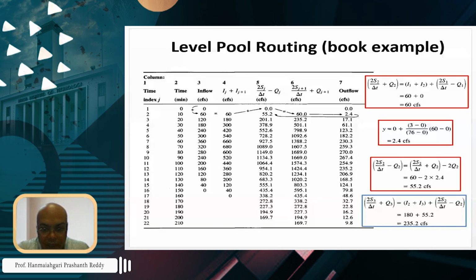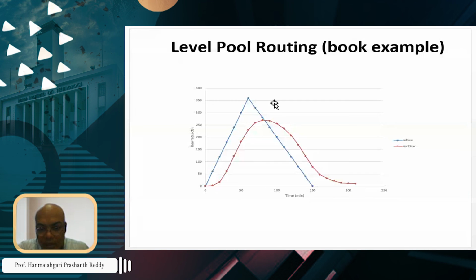And when we finally plot the inflow and outflow, these are the curves. You can see that since the relationship is invariable, the maximum outflow discharge is intersecting at this recession limb of this inflow hydrograph.